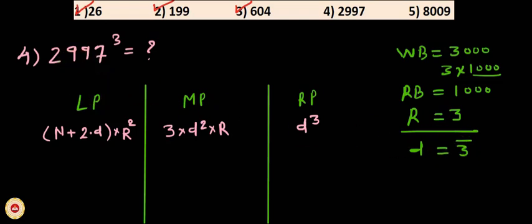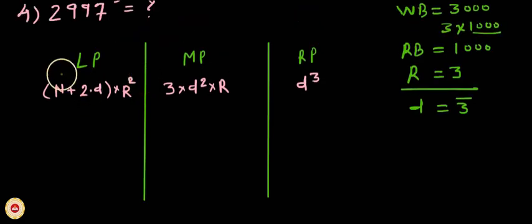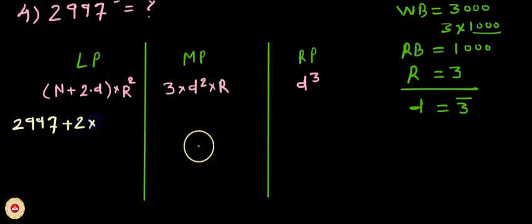So what is left part? See, left part is n, that is 2997 plus 2 times deviation. Deviation is negative 3. Let me put it in bracket, multiplied by ratio squared, that is 3 squared.